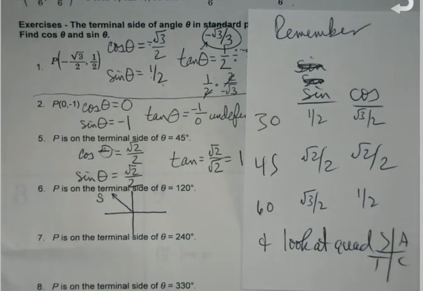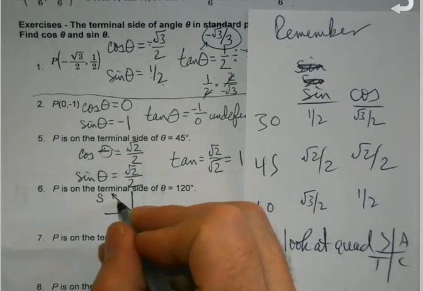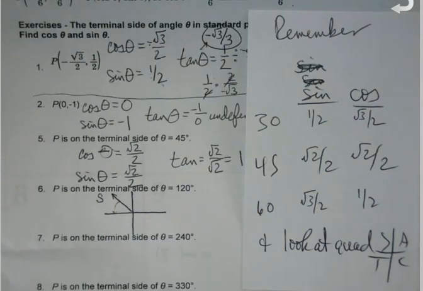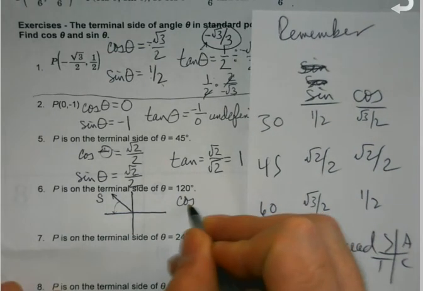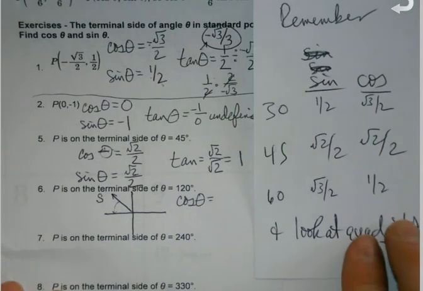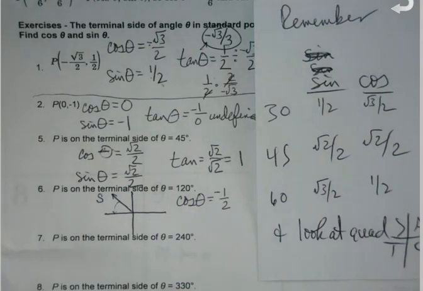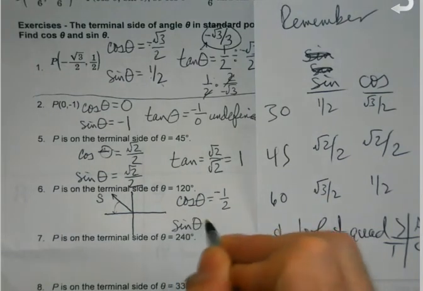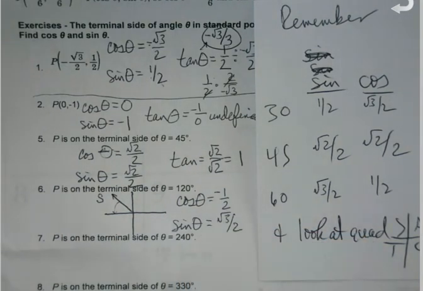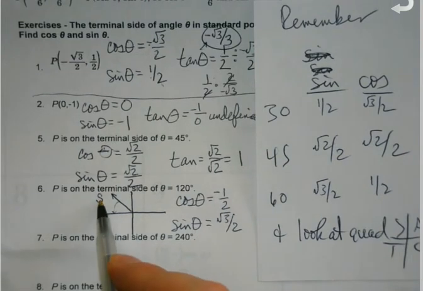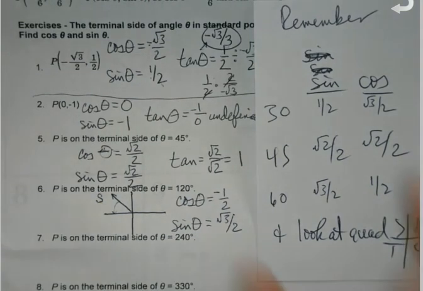When we're looking at these, I said, oh yeah, my reference angle then would be 60 on this. So I'd have my cosine and my sine values, except my sine's going to be positive and my cosine isn't. So here, my cosine would be the same as that reference angle, the 1/2, except for the fact that it's negative. My sine of theta for this would be the square root of 3 over 2. But it's in its positive quadrant, so it's going to stay positive.